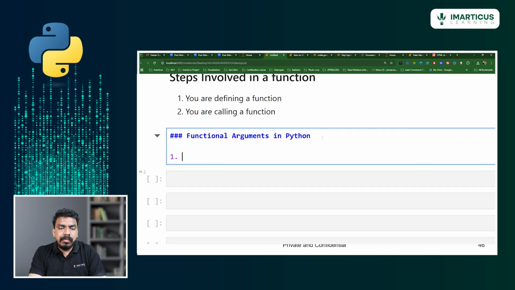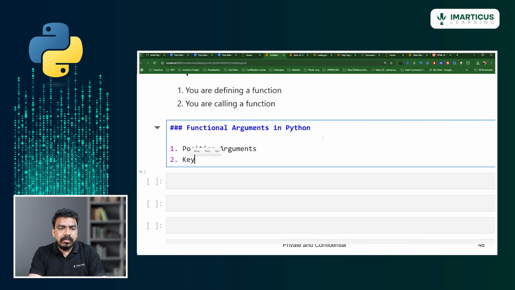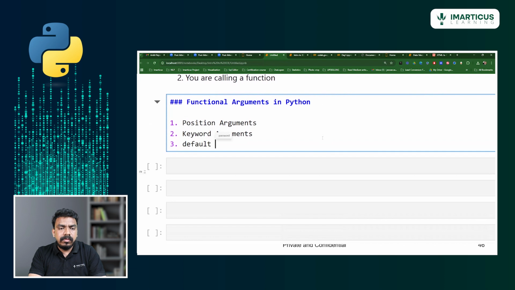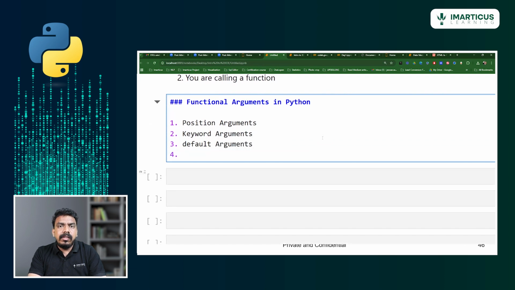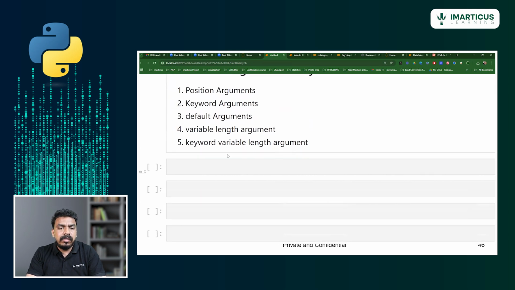The first one is positional argument, the second one is keyword argument, then we have default argument, and we have variable length argument as well as keyword variable length argument. So these are the different types of functional arguments in Python.